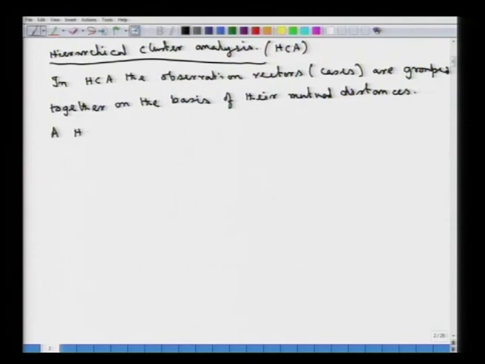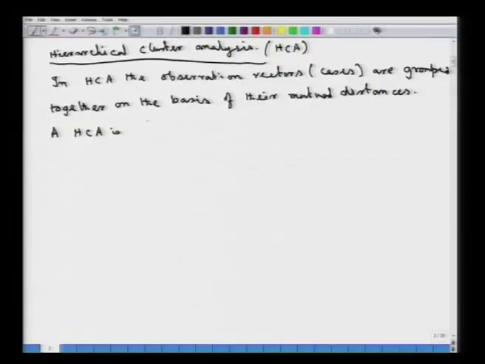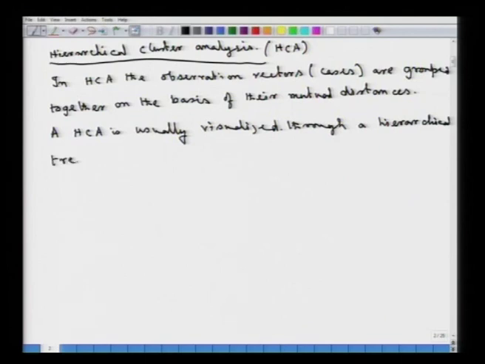When we talk about the observation vectors being grouped together on the basis of their mutual distances, that of course is true even for non-hierarchical clustering. However, when we look at hierarchical clustering, the following is going to be true. This is usually visualized, almost always actually, through a hierarchical tree which is called the dendrogram.